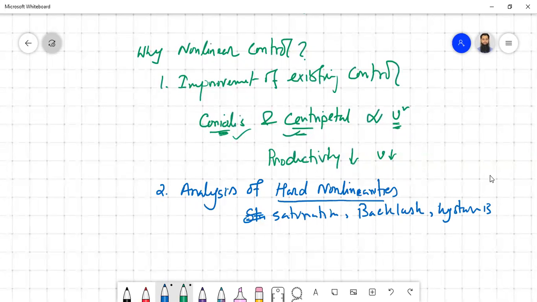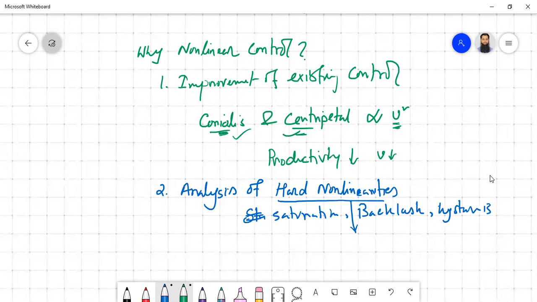And in case of hard nonlinearity, what is the problem? The linear approximation cannot be used. So there is no other way for this kind of hard nonlinearities. It cannot be represented or compensated by a linear control system. So the only thing that we have is to apply the nonlinear control system for this kind of system.